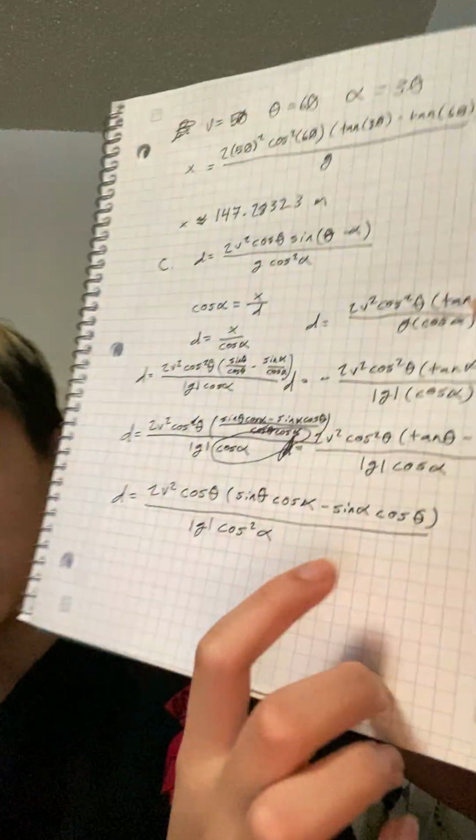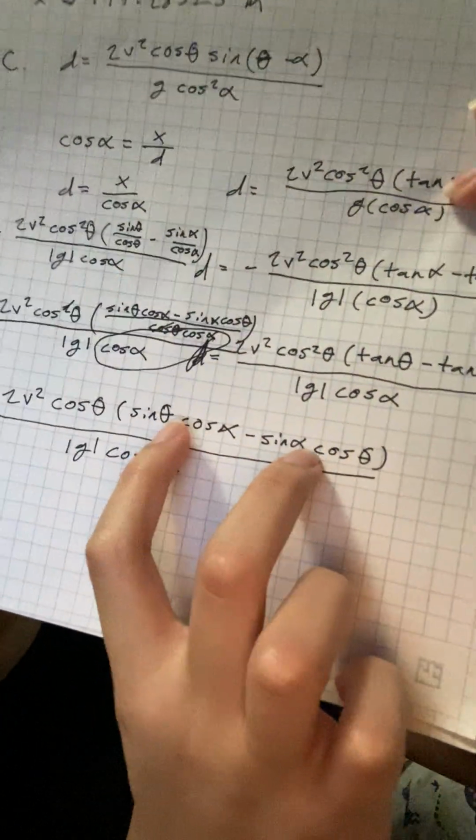At this point, you are able to use your combined angle identity to simplify this term into sine of theta minus alpha, meaning d equals 2v squared cosine theta times sine of theta minus alpha, all over the absolute value of g times cosine squared alpha.